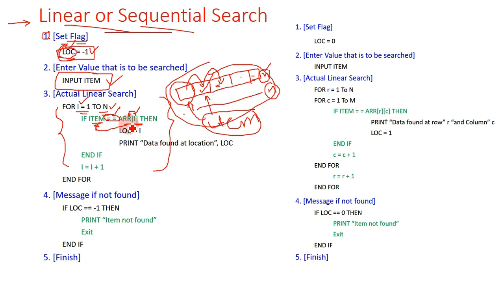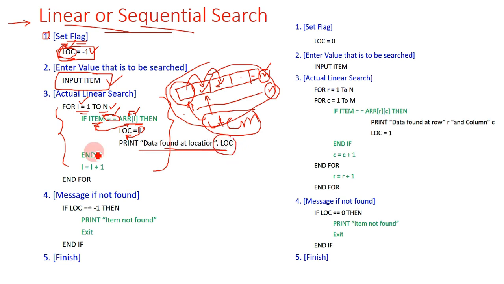Okay, so we will assign this index to LOC, the variable which is used as a flag as well as showing the location if the item is found. And a message will be displayed to the user that the item is found at this location.